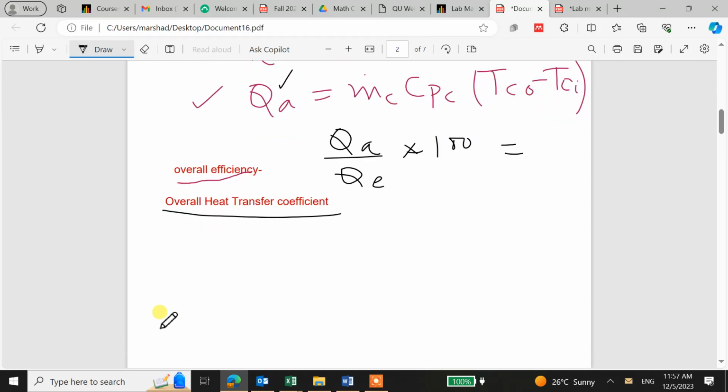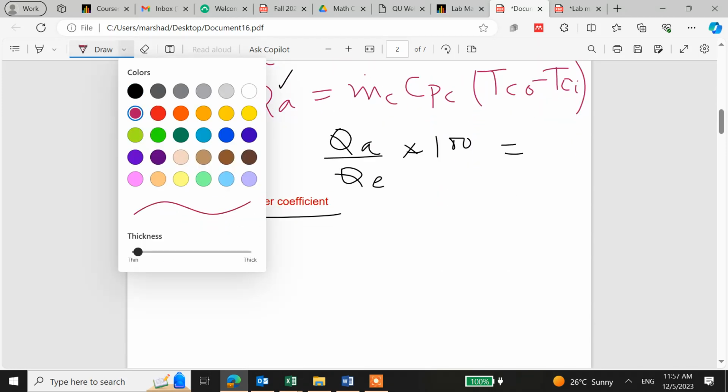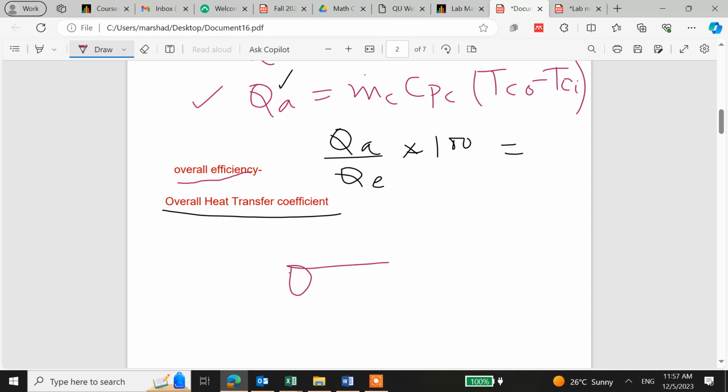Now, a few things you should know about the flow area.